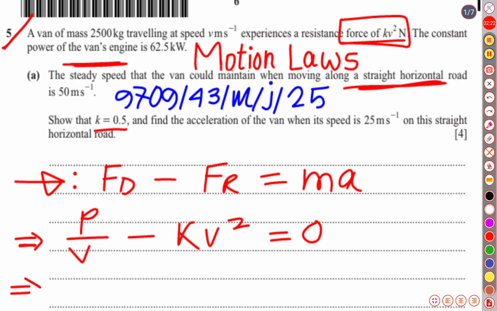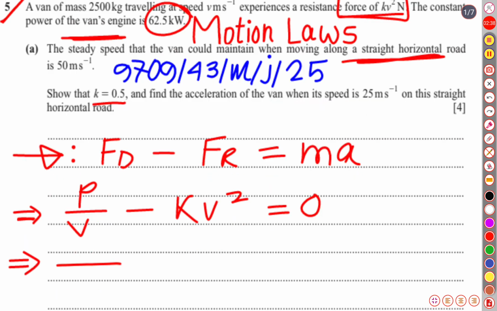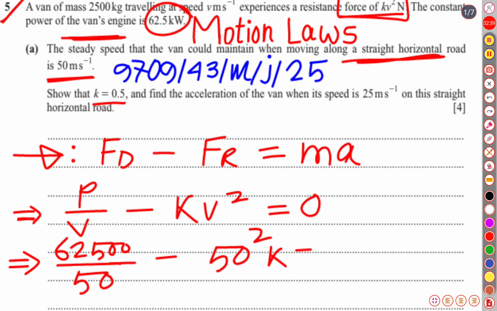Power is given as 62.5 kilowatt, which means 62,500 watt. So 62,500 over velocity, which is 50 meter per second at constant speed, minus 50 squared k is equal to 0.